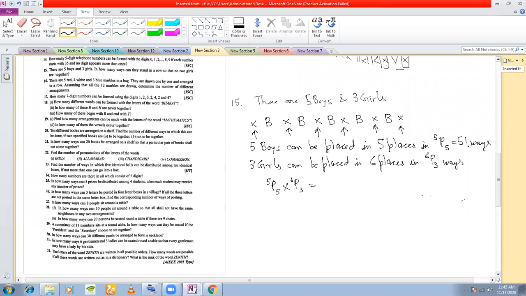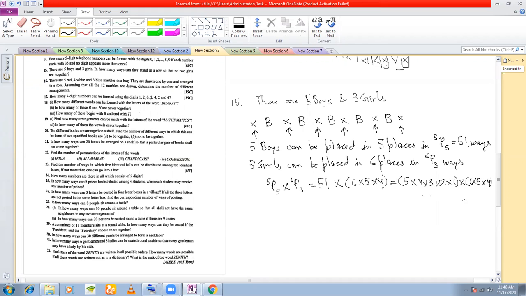So you calculate this. This is factorial 5 and 6P3. How is it calculated? 6P3 is calculated as 6 into 5 into 4. Factorial 5 is 5 into 4 into 3 into 2 into 1, and this is 6 into 5 into 4.